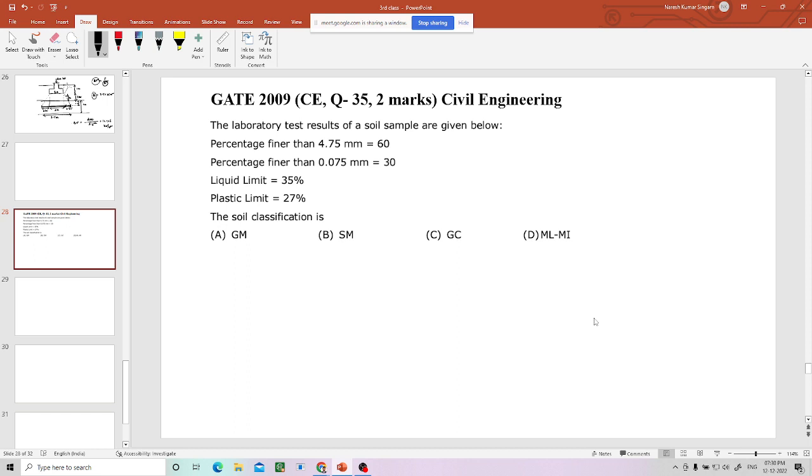Percentage finer than 4.75 mm equals 60. Percentage finer than 0.075 mm is 30. Liquid limit is 35%. Plastic limit is 27%. The soil classification is GM, SM, GC, ML, MI.